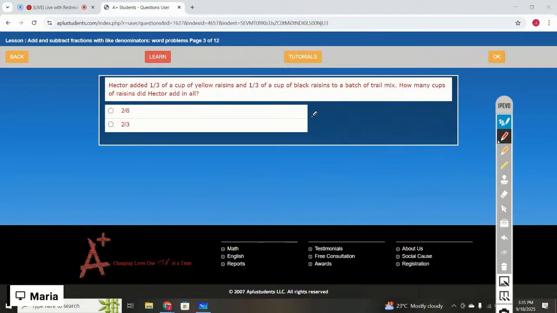Hector added 1/3 of a cup of yellow raisins and 1/3 of a cup of black raisins to a batch of trail mix.